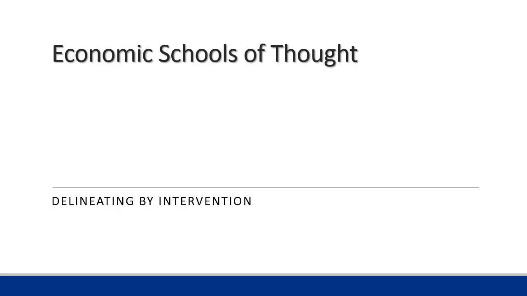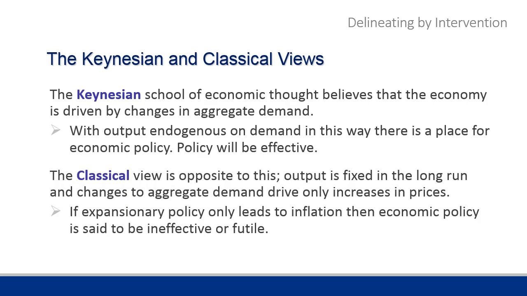We now go on to look at the differing economic schools of thought, the divide in economics between those that believe that prices are flexible and those that believe prices are sticky. So we're delineating by intervention. Two main views, the Keynesian and classical view.